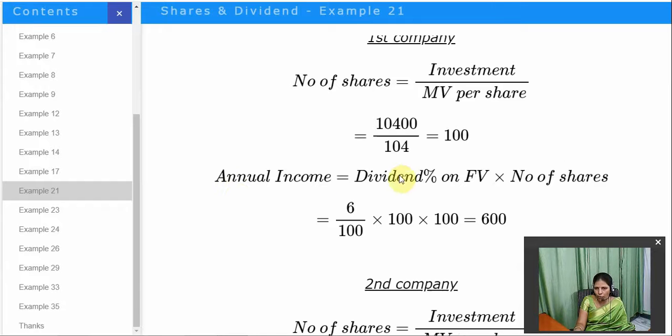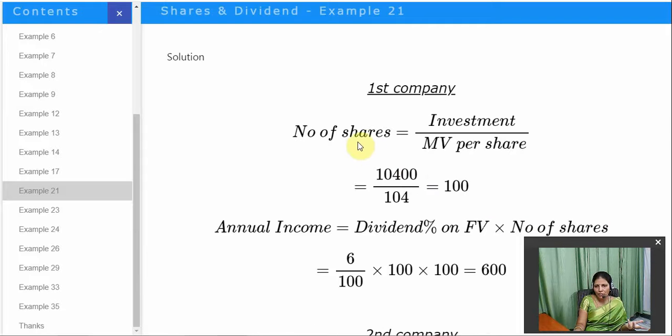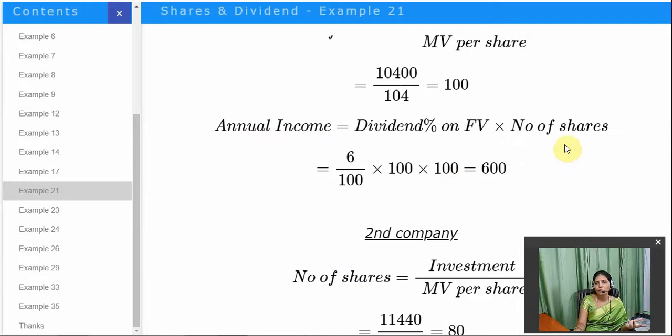Now this is the formula to find the annual income. Annual income is equal to dividend percentage on face value into number of shares. Dividend percentage is given already in the data. Is the number of shares given in the question? It's not given. So you need to find the number of shares first and then substitute here.